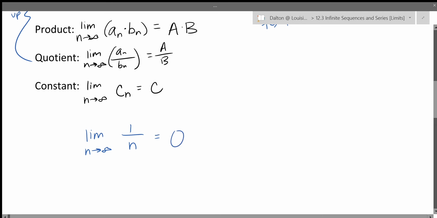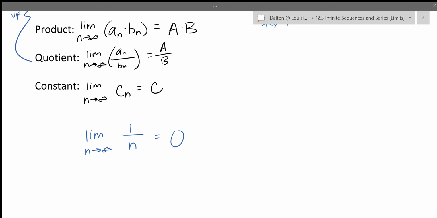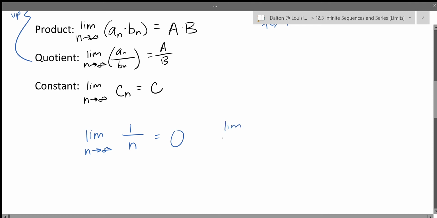And that works if n also has any exponent. Let's do this: the limit as n approaches infinity of 1 over n squared. So as n gets bigger and bigger and bigger, and I square that, what am I approaching?